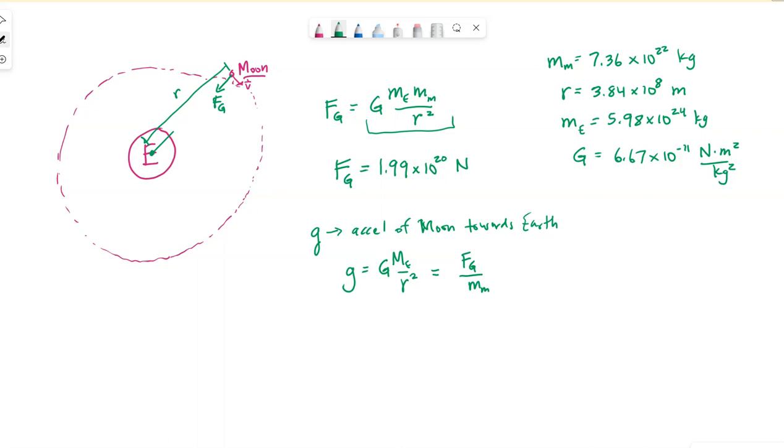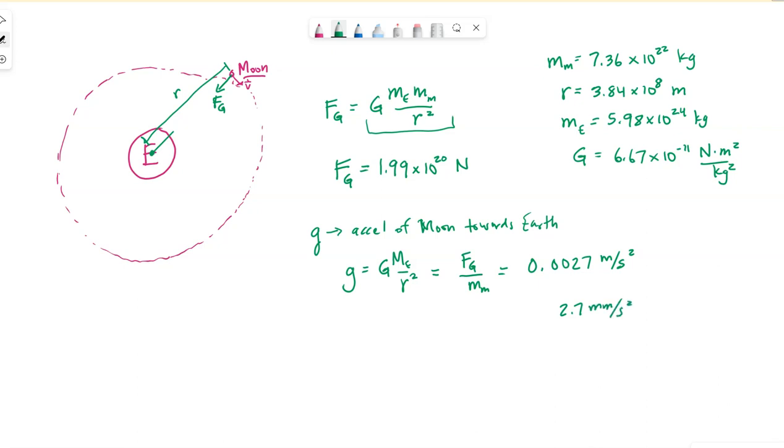It's due to the Earth. When I divide by the mass of the moon, I'm getting 0.0027. This would be in meters per second squared. This is 2.7 millimeters per second squared.